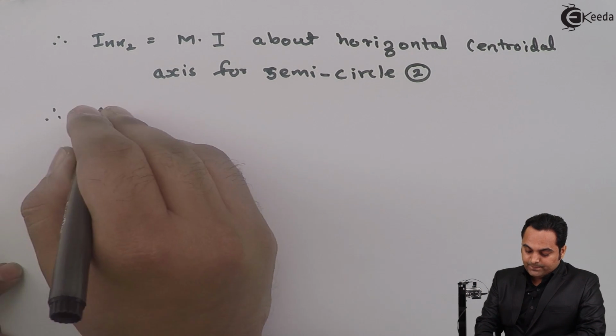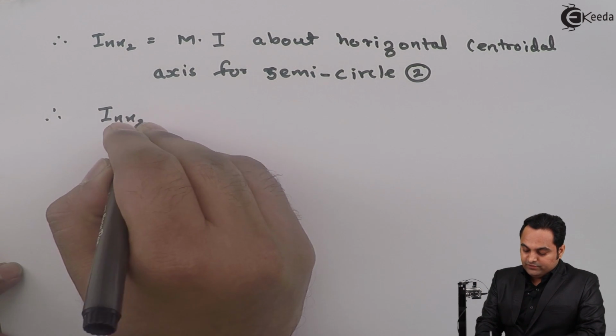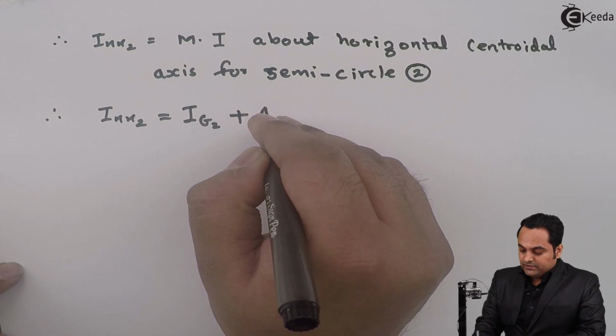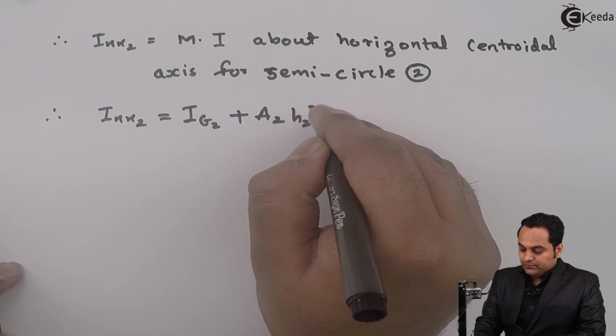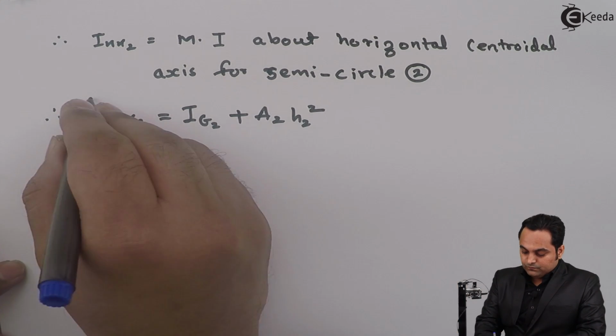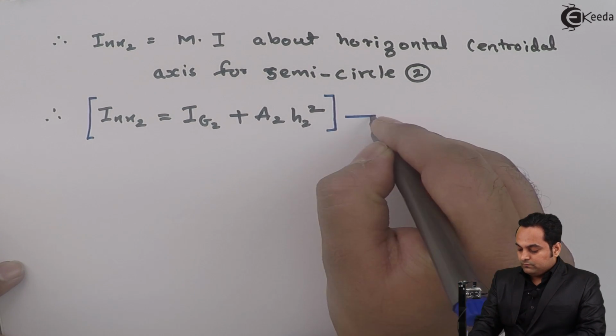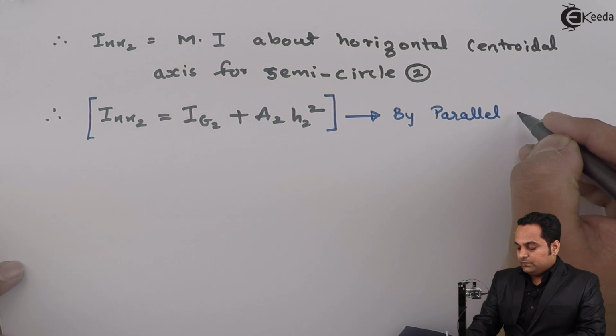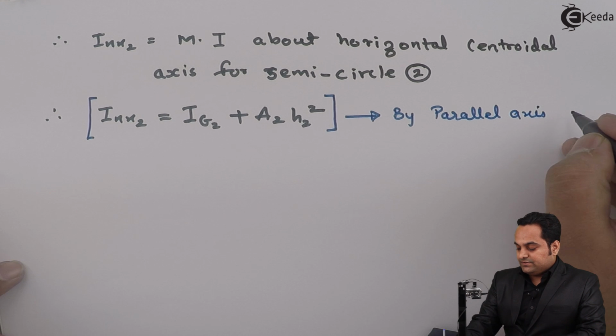So therefore Ixx2 will also be Ig2 plus area 2 into H2 square, by parallel axis theorem.